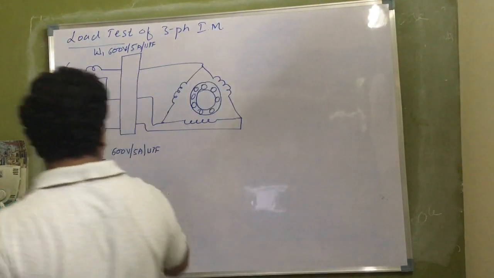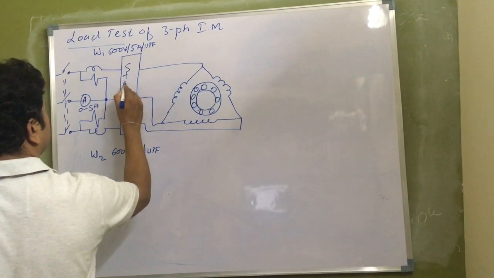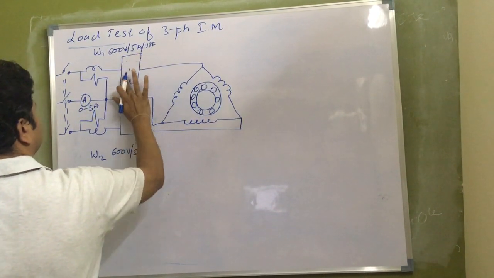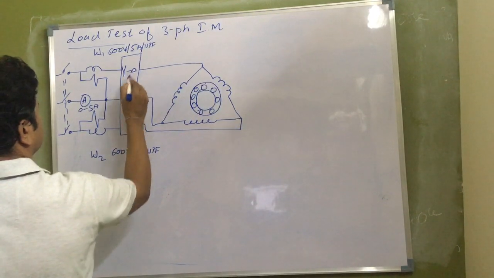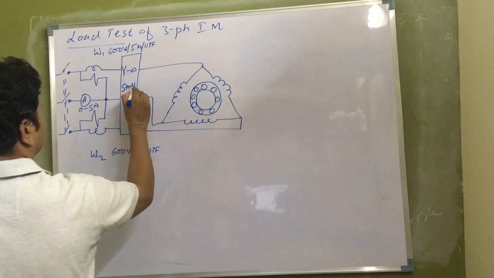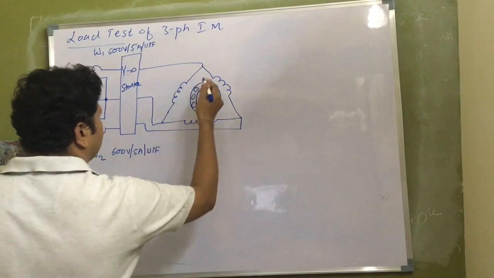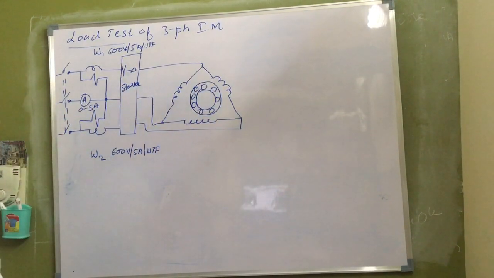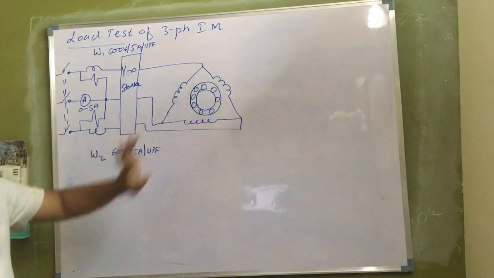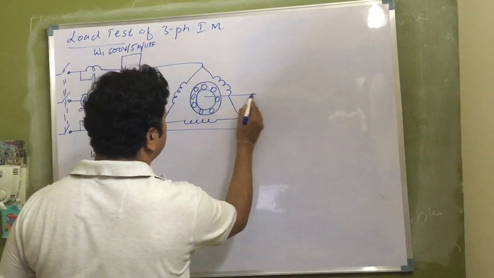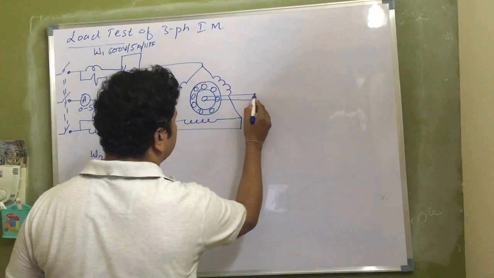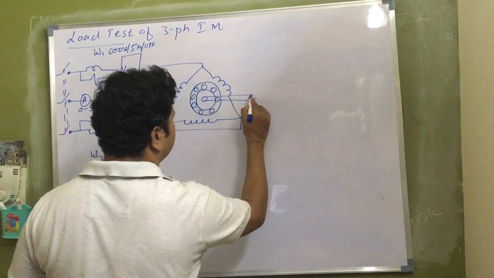So this is the starter, star delta starter. This is a three-phase stator winding and the rotor is squirrel cage. And to this I will be connecting the brake drum.